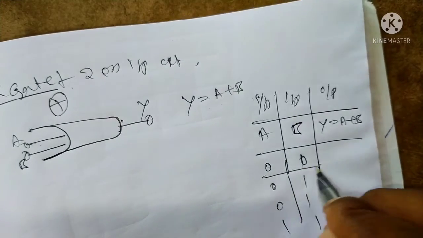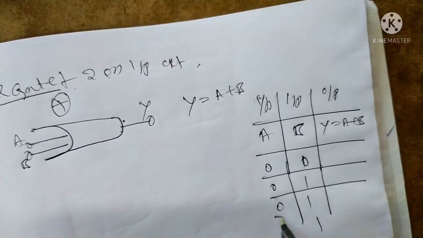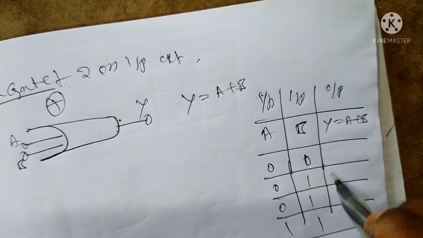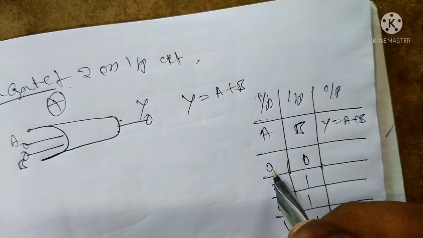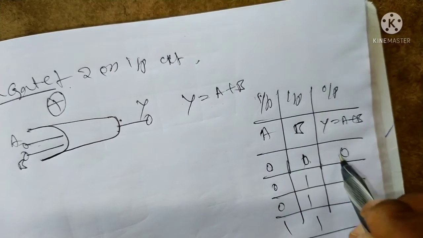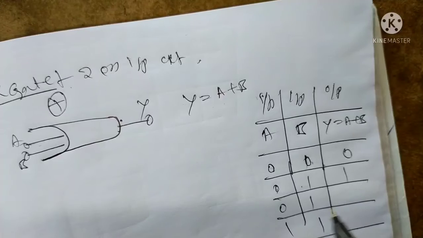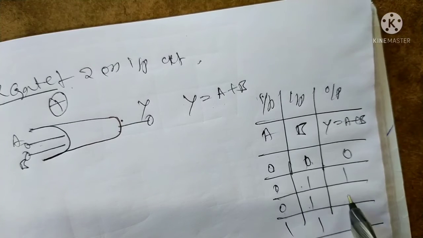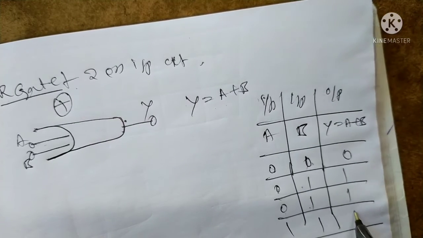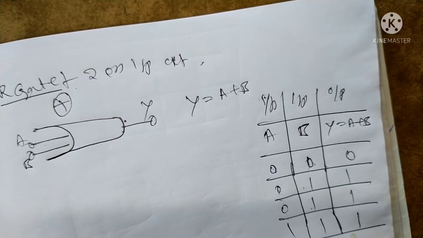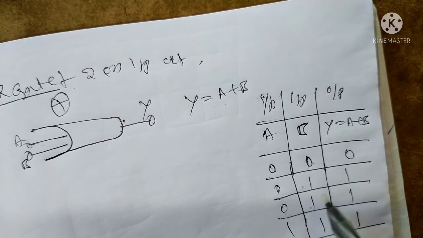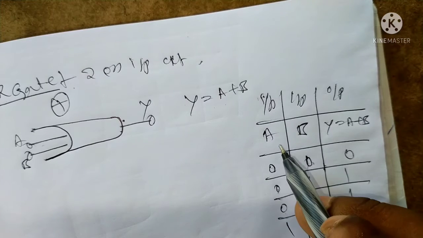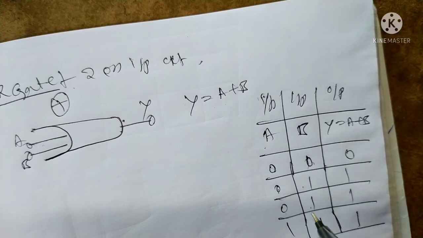See here, A plus B means 0 plus 0 is 0, 0 plus 1 is 1, 1 plus 0 is 1, and 1 plus 1 is 1. In digital logic gates, high plus high gives a high value. If any of the inputs A or B is high, we get a high output.